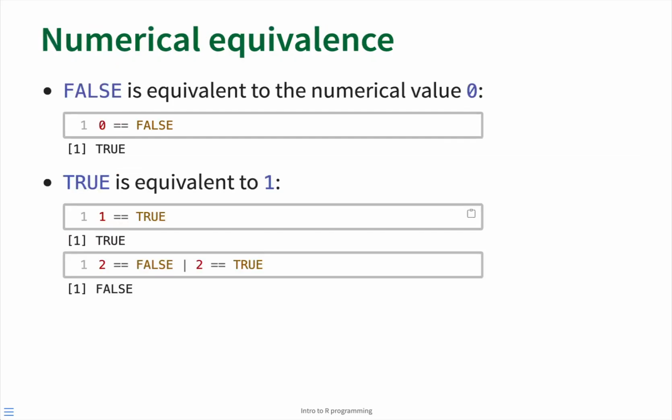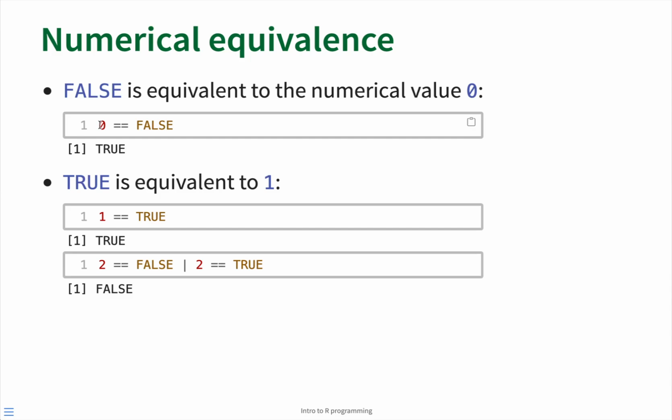One other useful thing to note about these logical values is that as far as R is concerned, they can be equivalent to numbers. So the value false is regarded as equivalent to the number 0, and the value true is equivalent to the number 1.